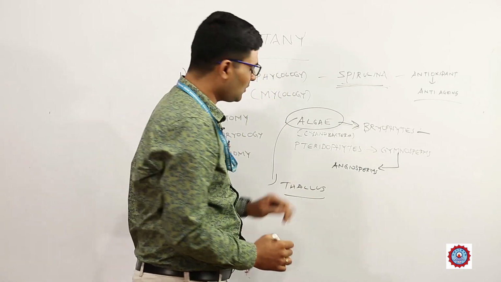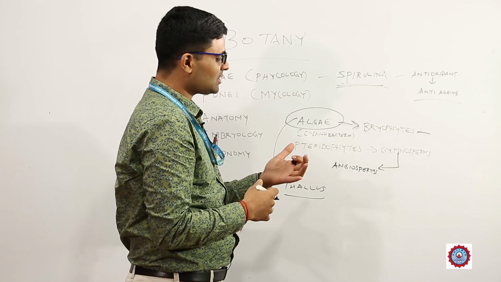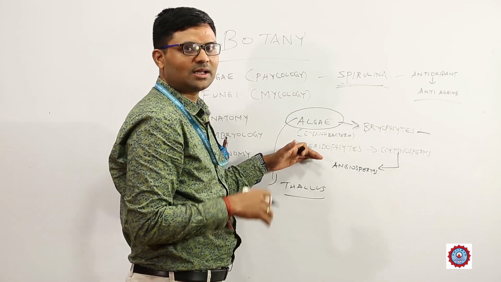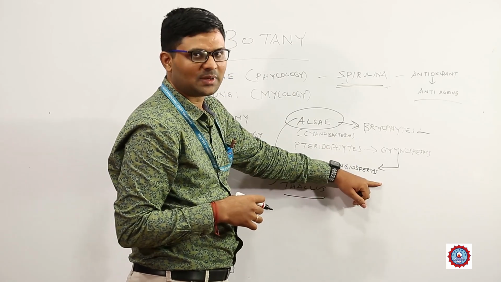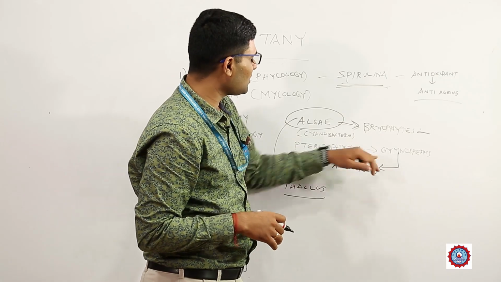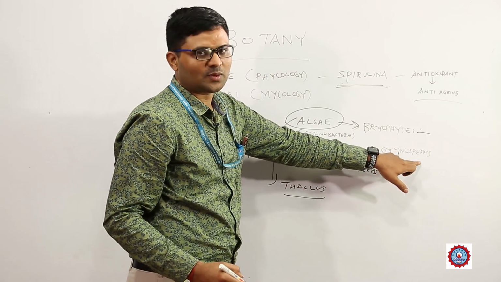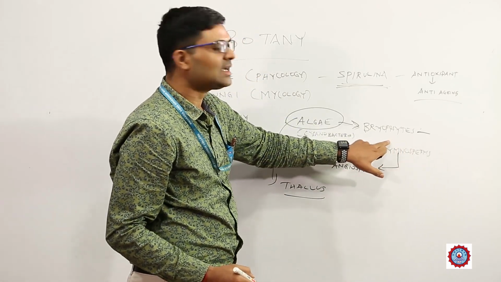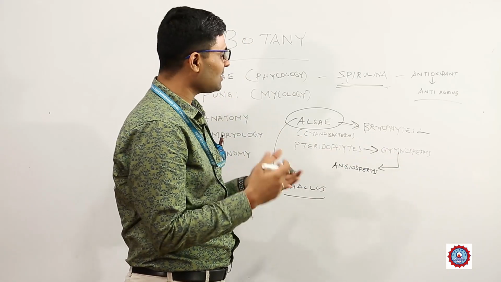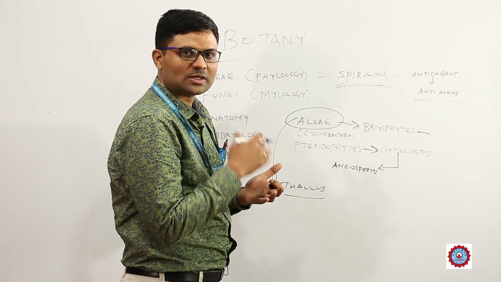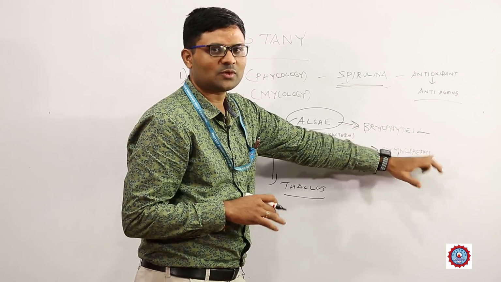In a similar way, pteridophytes have a unique structure: a differentiation into root, stem and leaves. This is the precursor of present day plants, right. Then there was a slight variation, and from pteridophytes there arose a new group called gymnosperms. In this we have a well developed reproductive structure. From this part of the plant kingdom, we see plants developing vascular bundles, and other striking features came across from the gymnosperms.